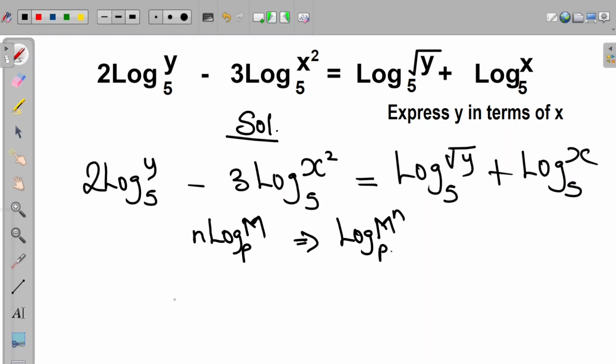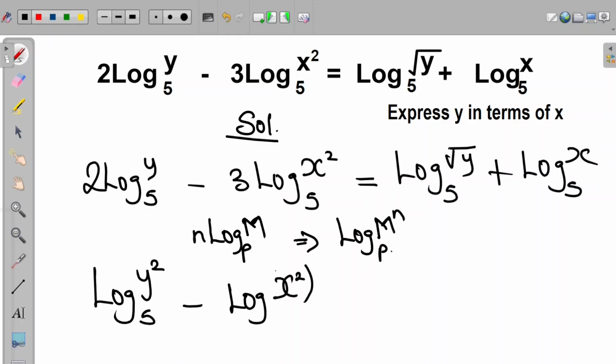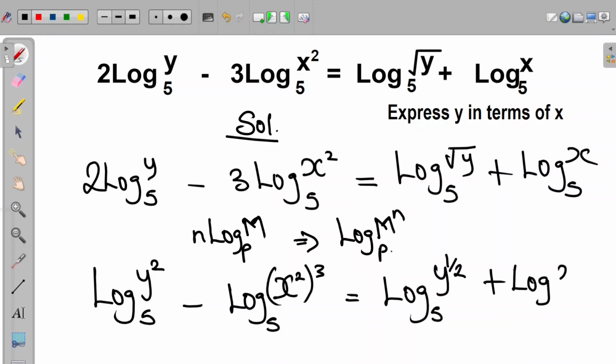So for my equation, we can have it that this becomes log y raised to the power of 2 to base 5 minus log x squared raised to the power of 3 to base 5 equal to log y raised to the power of 1 divided by 2 to base 5 plus log x to base 5.